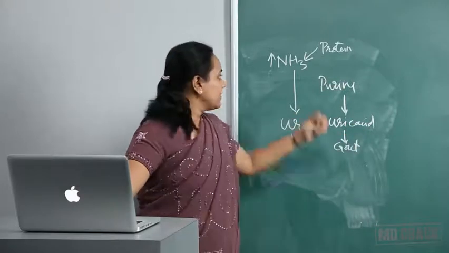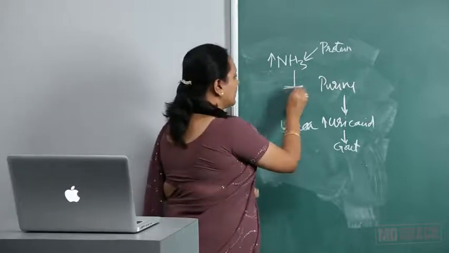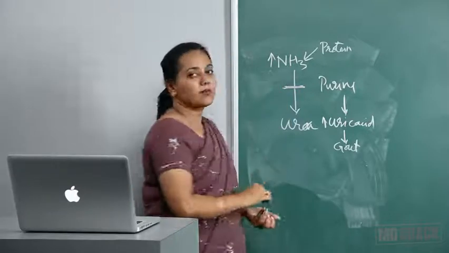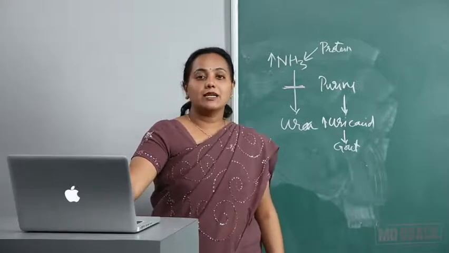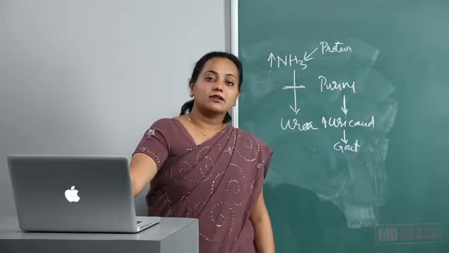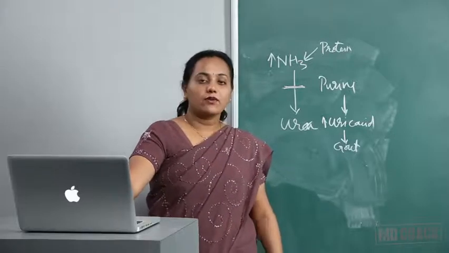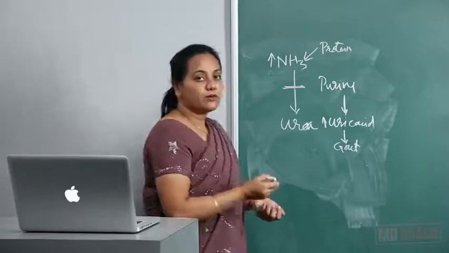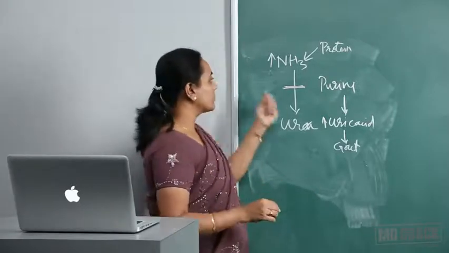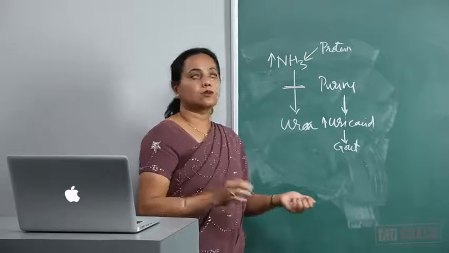High blood ammonia levels, yes; if the block is here, it will lead to increased ammonia. Hyperglycemia, not concerned. Low glutamine levels: again, glutamine is the transporter of ammonia from various tissues. Glutamate gets converted to glutamine, and glutamine is responsible for the transport of ammonia from various tissues to the liver in a non-toxic form.